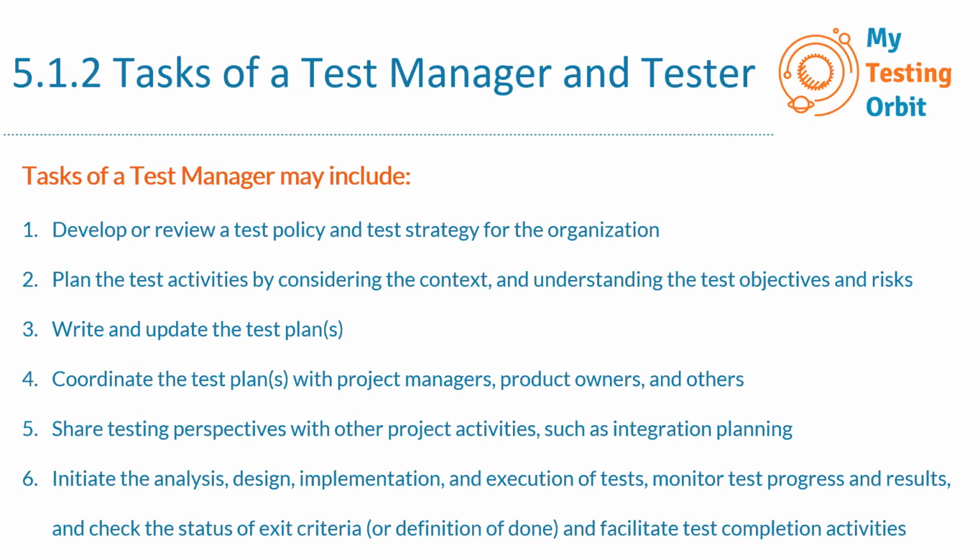The second one is plan the test activities by considering the context and understanding the test objectives and risks. Okay, so this is quite important. Whenever a manager is planning which test activities will be performed, there are different factors which contribute to the way and which test activities will be performed.